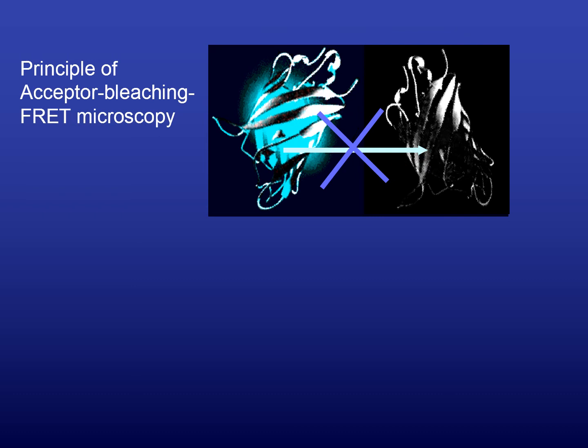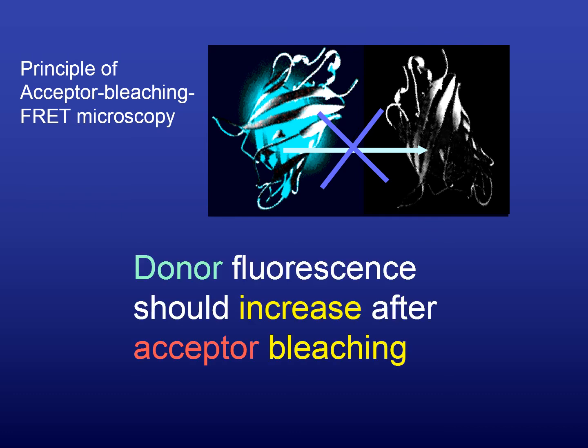And so that is a relatively good mark that there is really Förster transfer, or rather there was Förster transfer going on when you did the first experiment, because it's a little bit harder to explain this increase of brightness with another effect. And so this is called donor fluorescence recovery, it's called acceptor bleaching, this method.